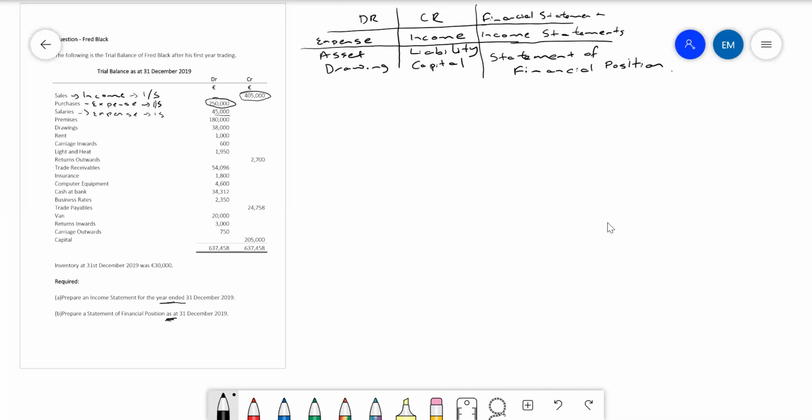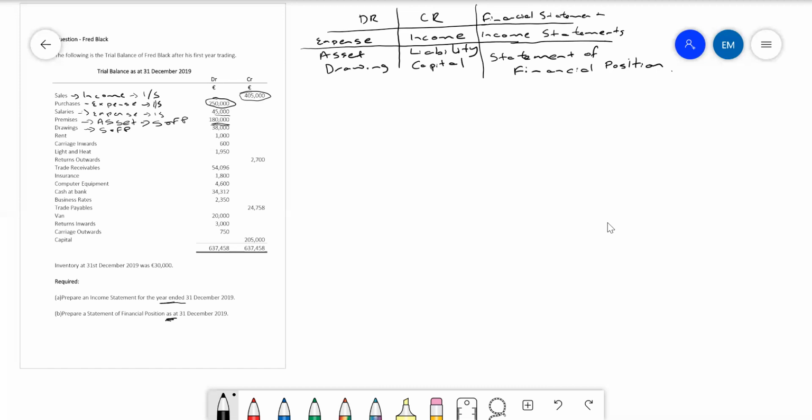Back to our fourth account, we have a debit premises balance. Premises is an example of an asset. An asset is something that you own, and it appears in the statement of financial position. Drawings is a debit balance, and it will appear in your statement of financial position in the equity or capital section.